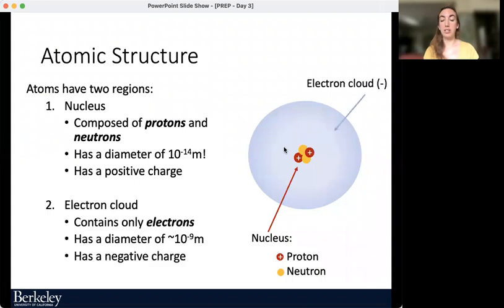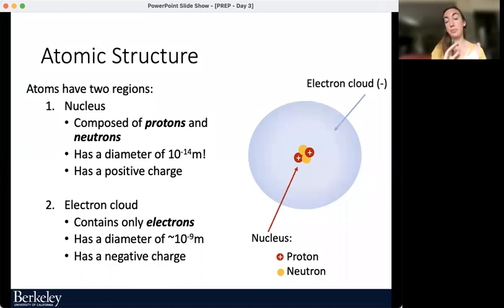And then the second region is the electron cloud, which contains only electrons. It is much bigger, still tiny, but much bigger. It has a diameter of about 10 to the minus 9 meters. And because it's made up of electrons, which are negatively charged, the whole electron cloud is going to have a negative charge.